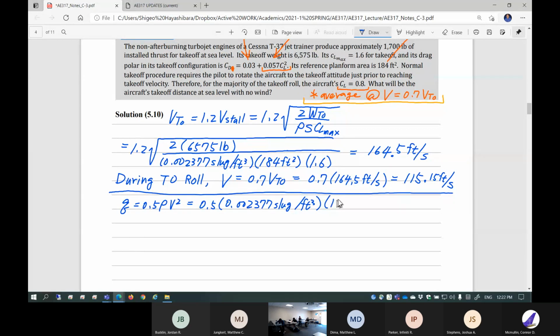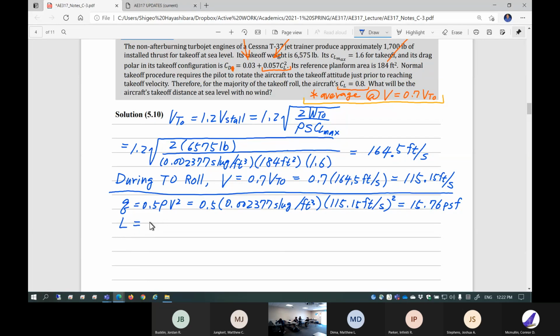Velocity is this, 115.15 feet per second, which is 1/2 rho v squared, 15.76 psf, pounds per square foot. This is dynamic pressure Q.